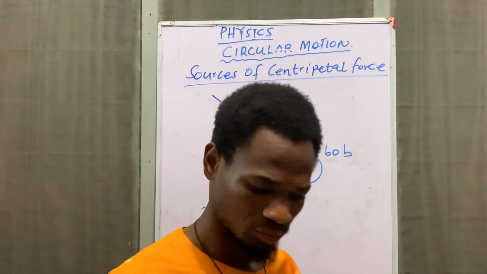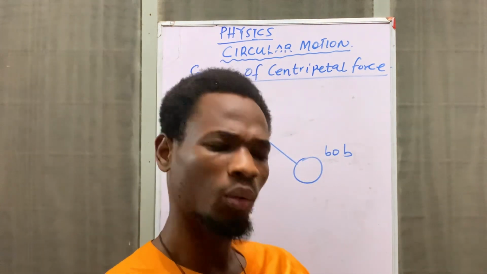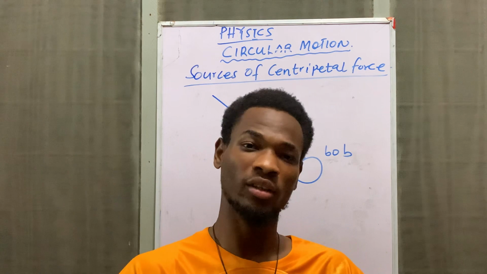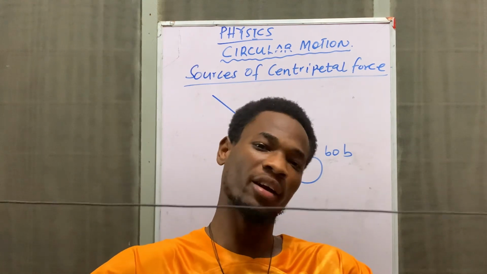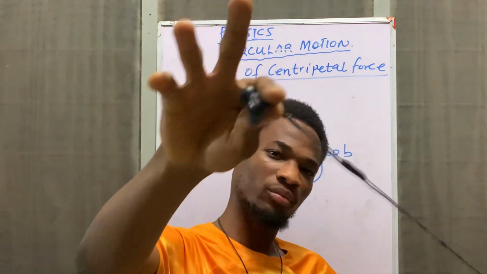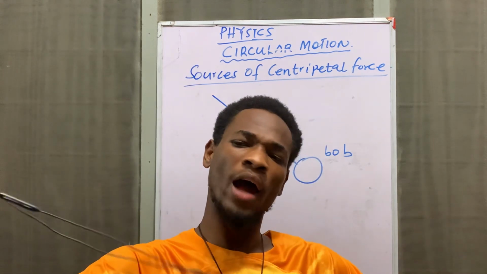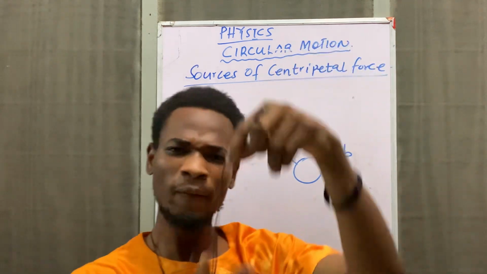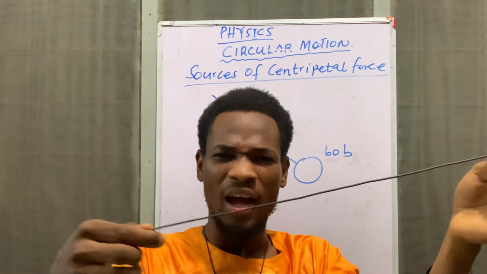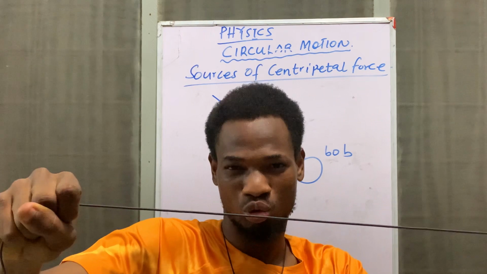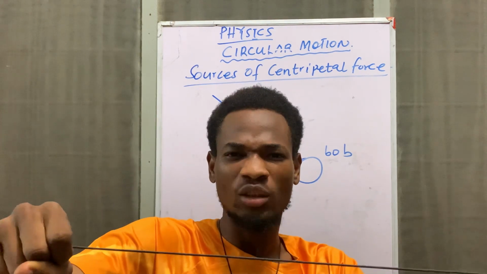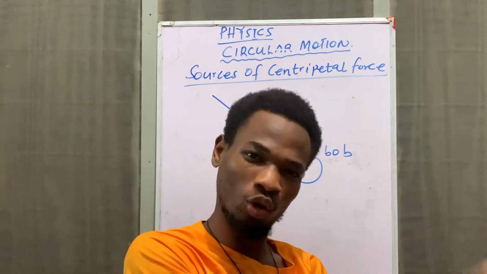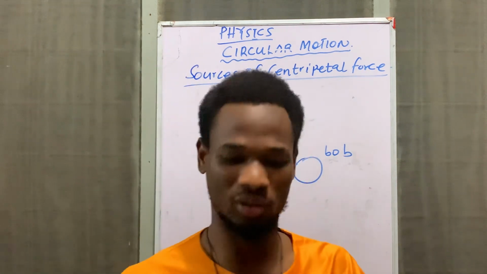For example, let's consider this, we are improvising. Let's say this is my string or thread, and this is my stone. Before I whirl this in a circular form so as to perform a circular motion, there should be another force. So it means we are using a force to produce another force.